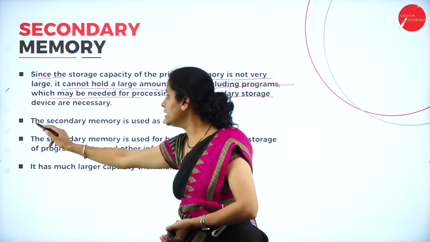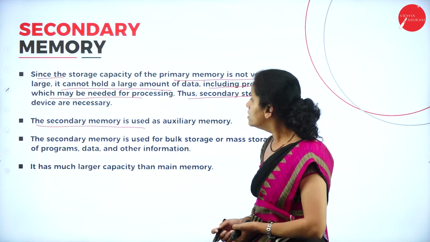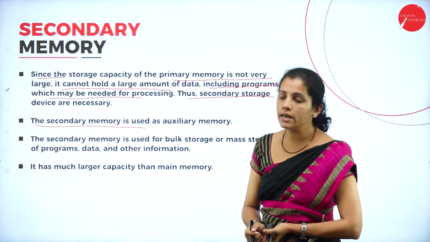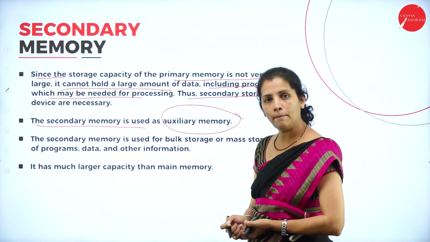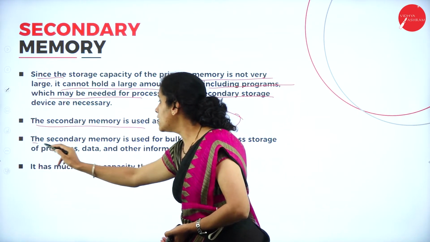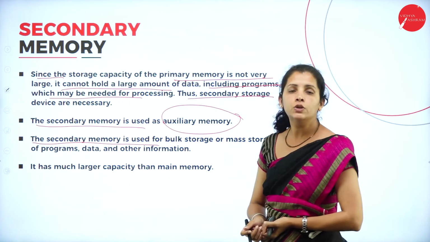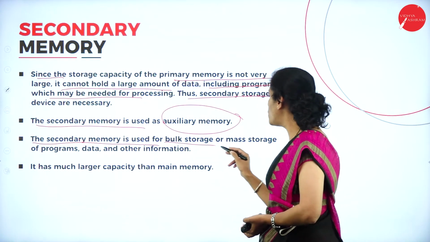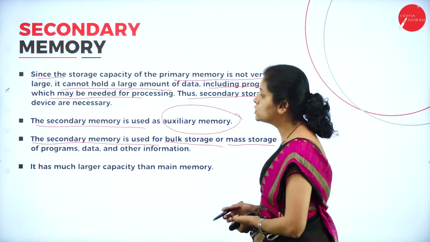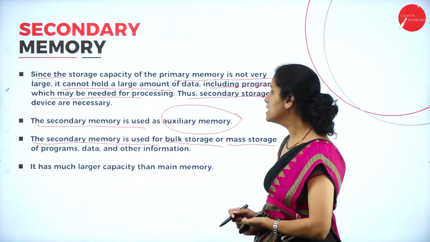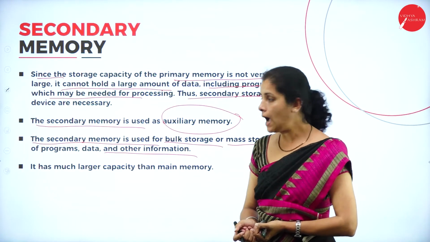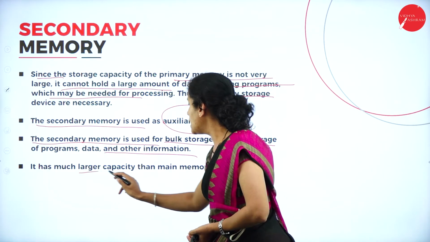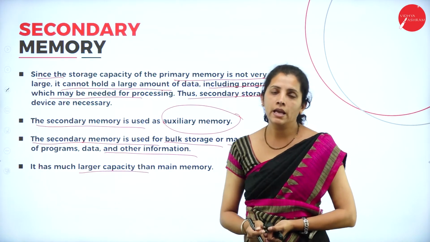Now, the secondary storage device is used as auxiliary memory. The secondary memory is used for bulk storage or mass storage of programs, data and other information, and has larger capacity than main memory.